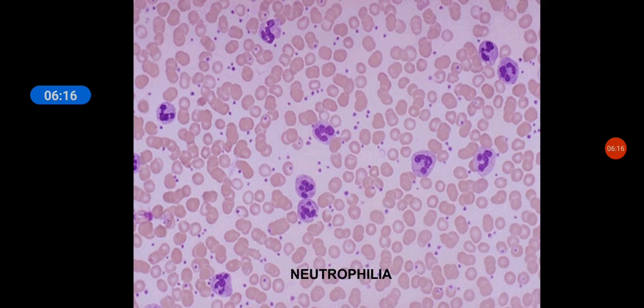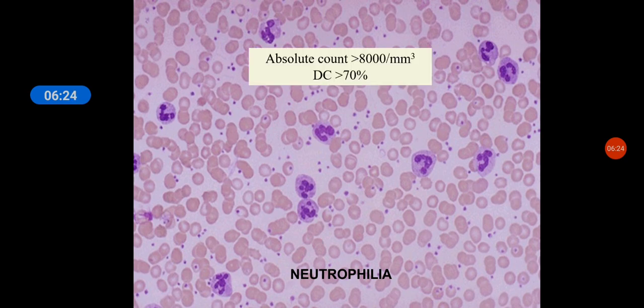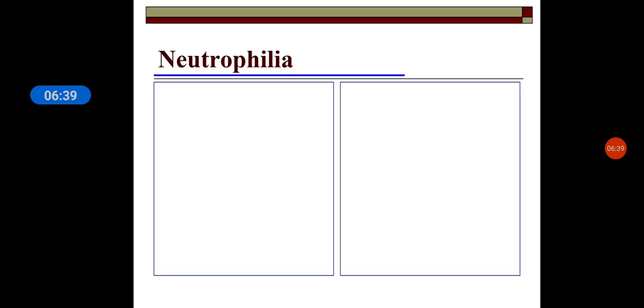Can you see in one field you are seeing so many neutrophils? Now you should know what is a normal neutrophil count. It is between 40 to 70 or 75%. So anything beyond 70 you can label as neutrophilia, and the absolute count should be more than 8,000 per cubic millimeter.